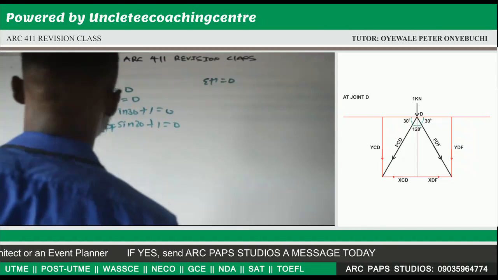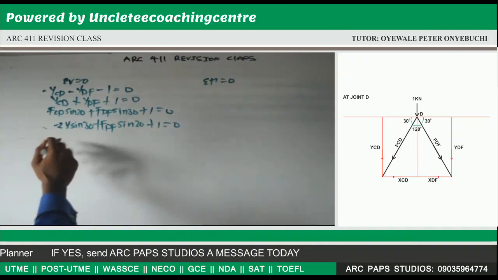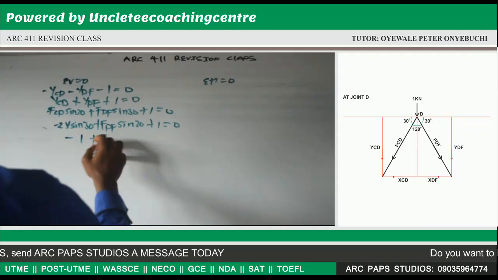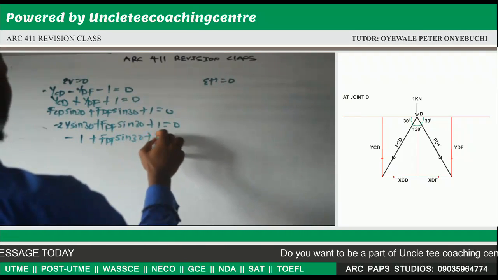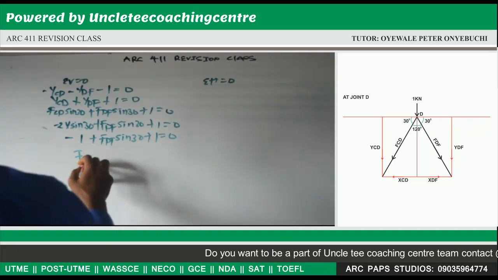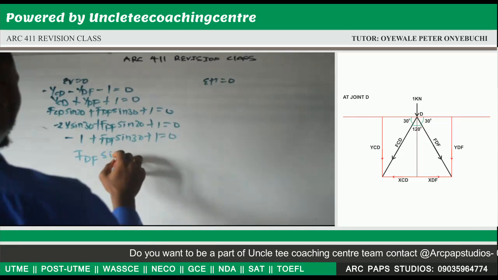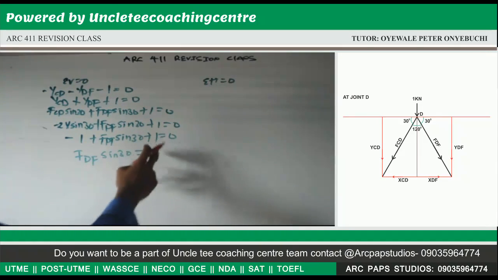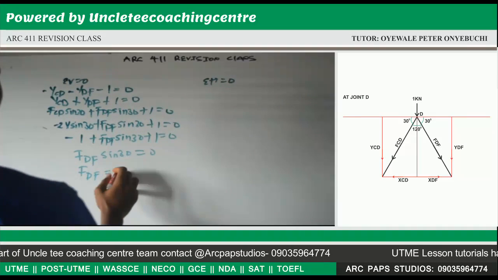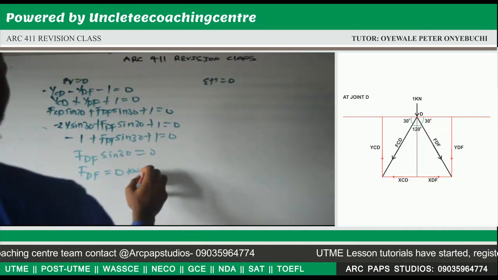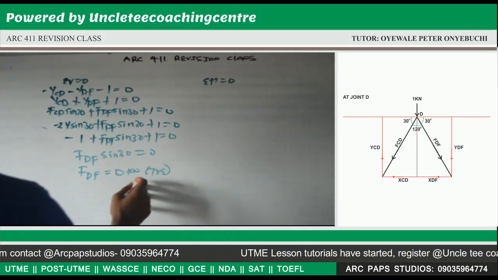Now sine 30 is 1 over 2, minus 2 times 1 over 2, that is minus 1 plus FDF sine 30 plus 1 is equal to 0. Now FDF sine 30 will be equal to 0, minus 1 plus 1. It means our FDF is equal to 0 kilonewton. Now that will be a tie.